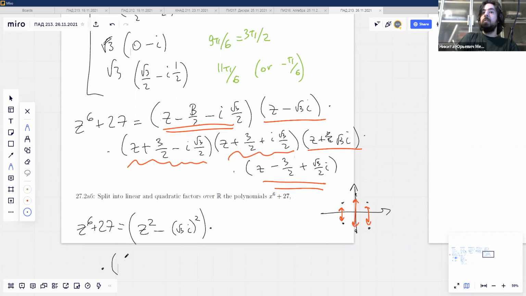The next pair gives me (z minus 3/2) squared minus (square root of 3 over 2 i) squared. Please look at this and this bracket. They have z minus 3/2 the same and this part with different signs. So again, it is a difference of squares. If there is some question about this difference of squares, I wish to hear it right now before I continue. No, it's clear?